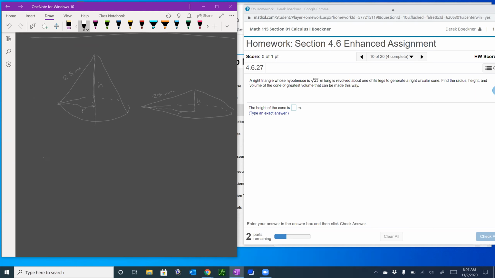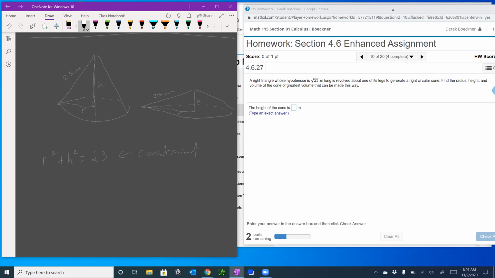And so I want to restrict things to r squared plus h squared equals 23. So this right triangle gives us the restriction, or the constraint function.